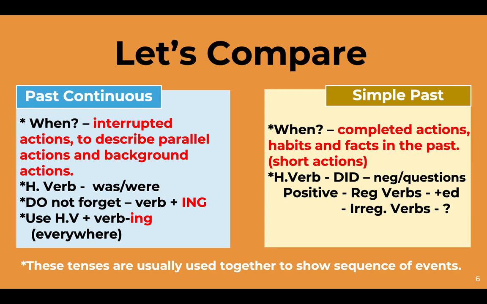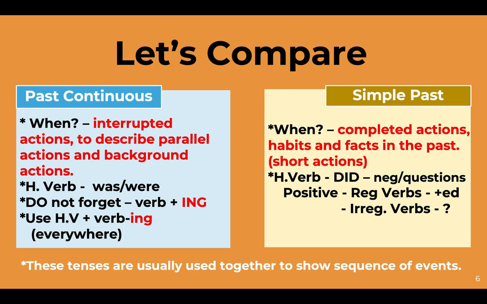I said you need the helping verb for questions or negative sentences only. For positive sentences, you need the verb in the past, obviously. We're talking about the past. It can be regular or irregular.